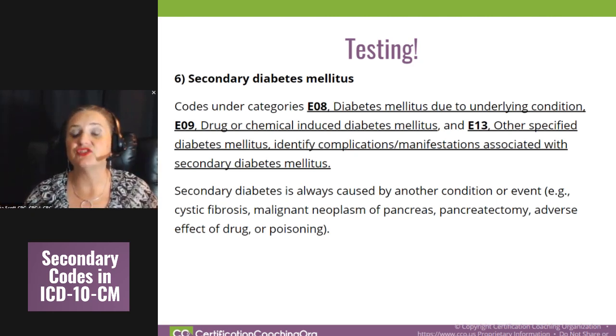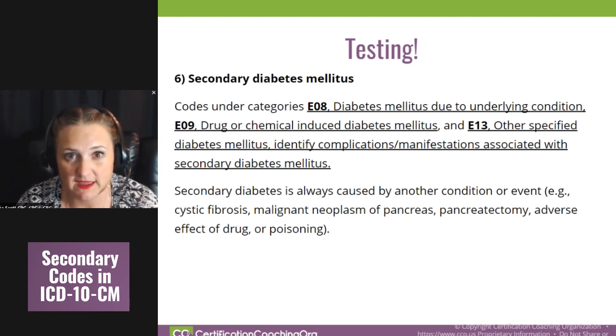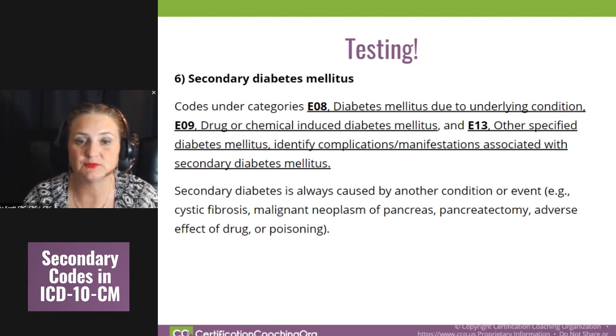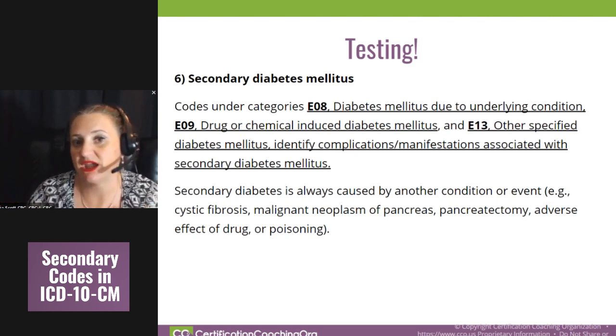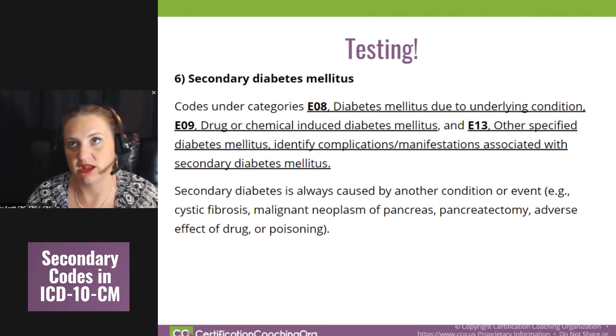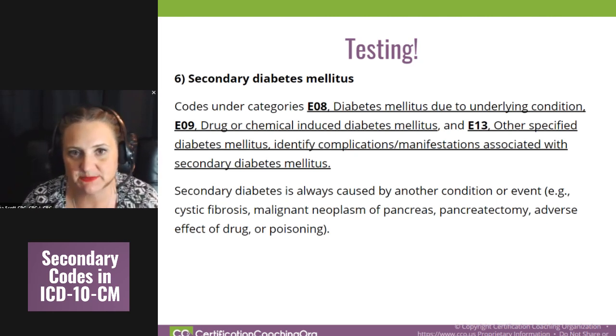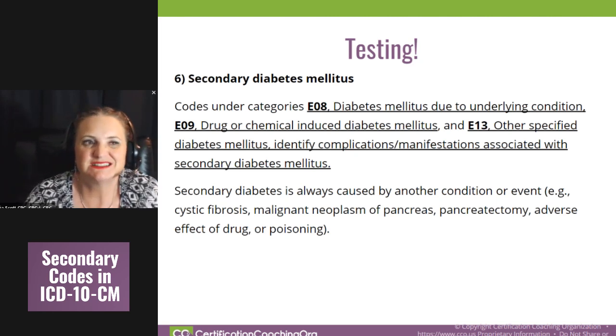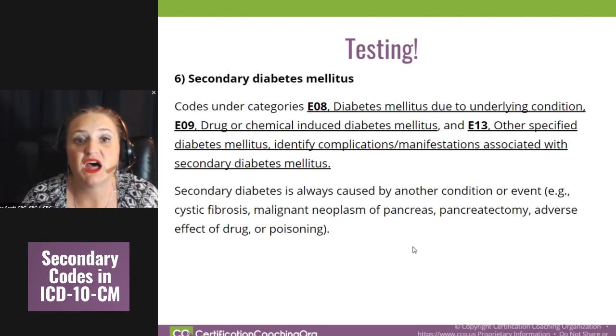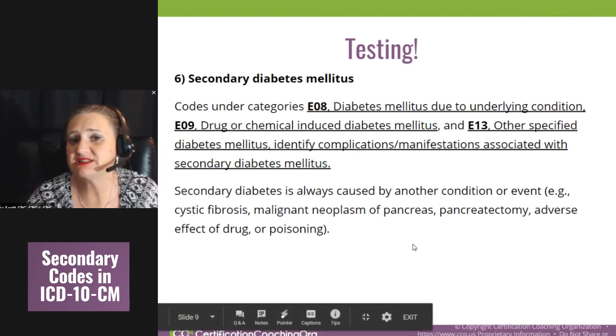It's not diabetes other, because that would be E11.8, I think, or E10.8. Usually .8 tends to be other. Sometimes it's unspecified, and sometimes .9, but usually .9 is unspecified and .8 tends to be other.